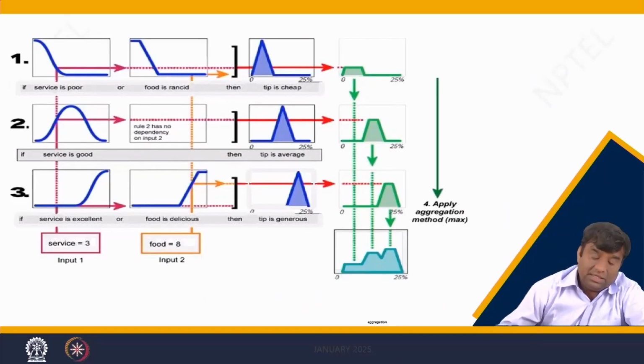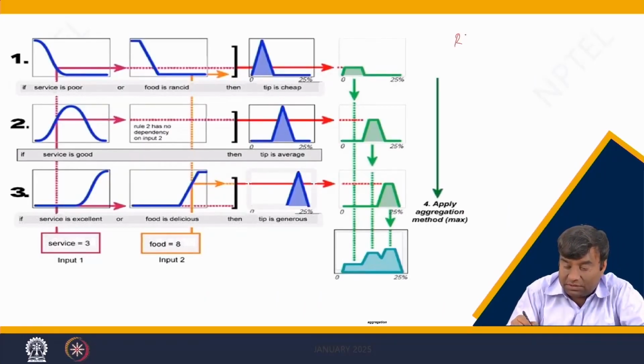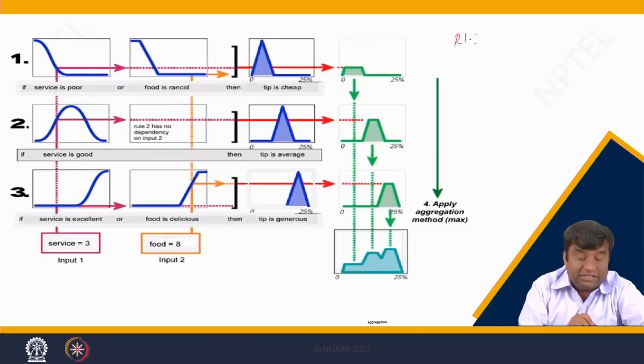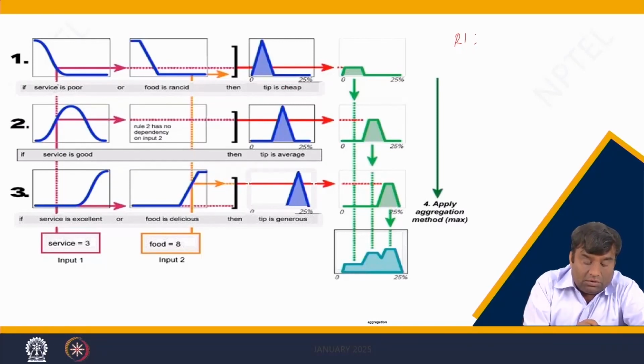So here the example is that rule 1, that is R1, says that if service is poor or food is rancid, then tip is cheap. R2 says that if service is good, then tip is average.